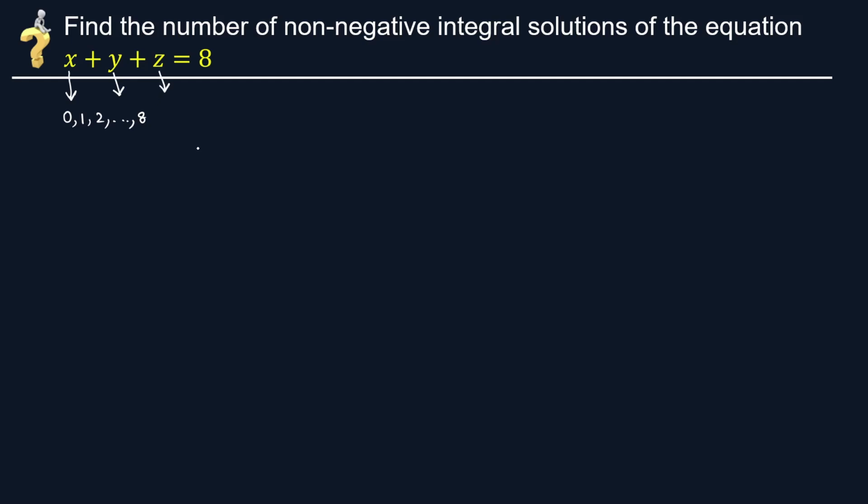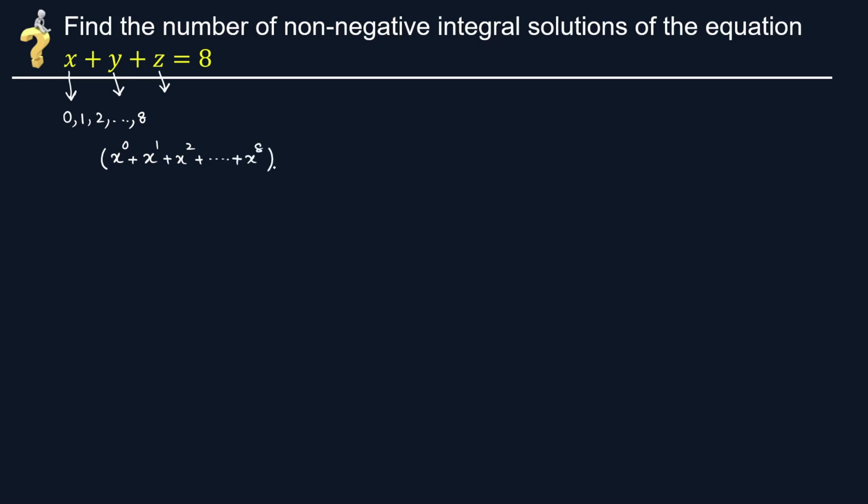The third person or the second person can receive in the same way. Either they will receive no coins, or 1 coin, or 2 coins, or 3 coins, till 8 coins. So in this case, we can easily use the multinomial theorem. Why? Because for the first person, we will say that this person can receive no coins, or 1 coin, or 2 coins, and this goes on.